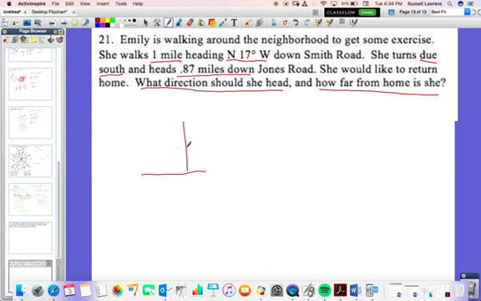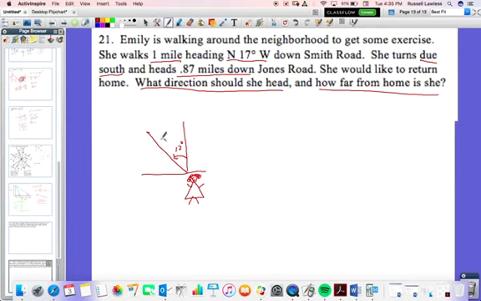And now I know that she's going north 17 degrees west. This is our little girl here. There's our girl. She's happy because she's walking. She's doing math. So she's walking 17 degrees north of west.